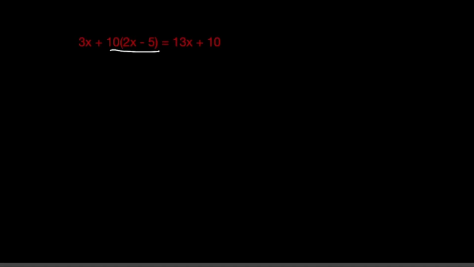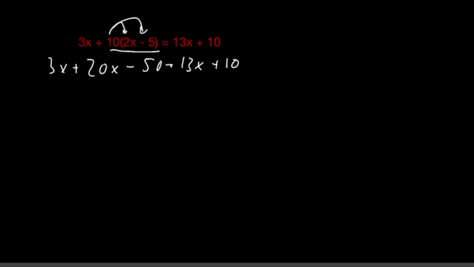So we have 10 multiplied by 2x and 10 multiplied by minus 5. The equation is going to look like 3x plus 20x, since 10 multiplied by 2x equals 20x, minus 50, since 10 multiplied by negative 5 is minus 50, equals 13x plus 10.